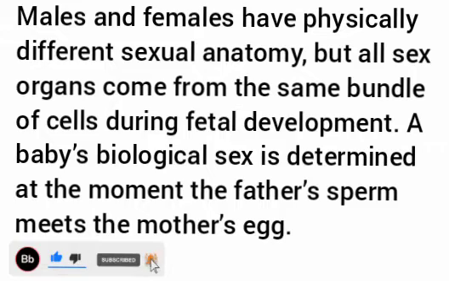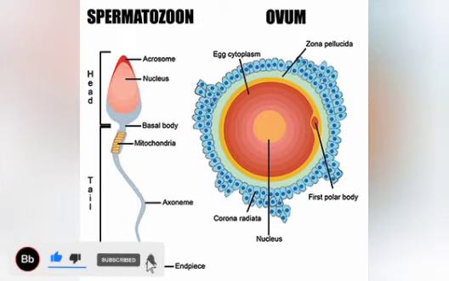Males and females have physically different sexual anatomy, but all sex organs come from the same bundle of cells during fetal development. A baby's biological sex is determined at the moment the father's sperm meets the mother's egg.